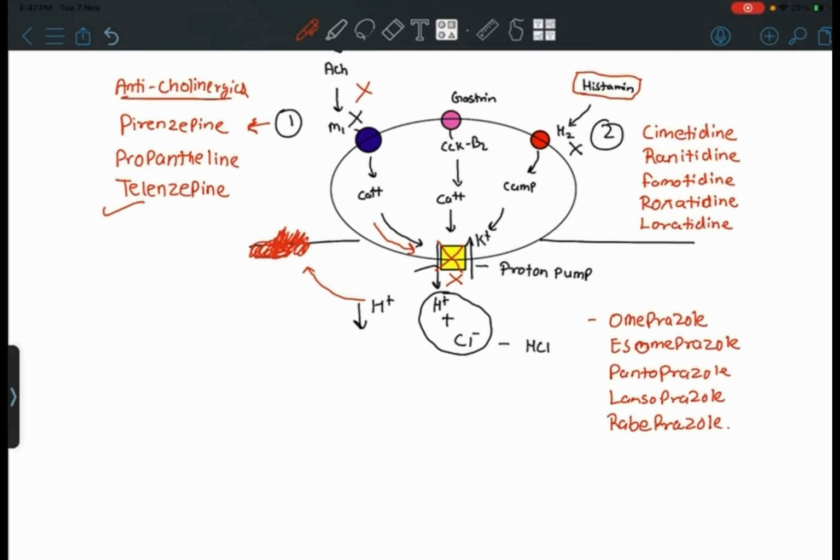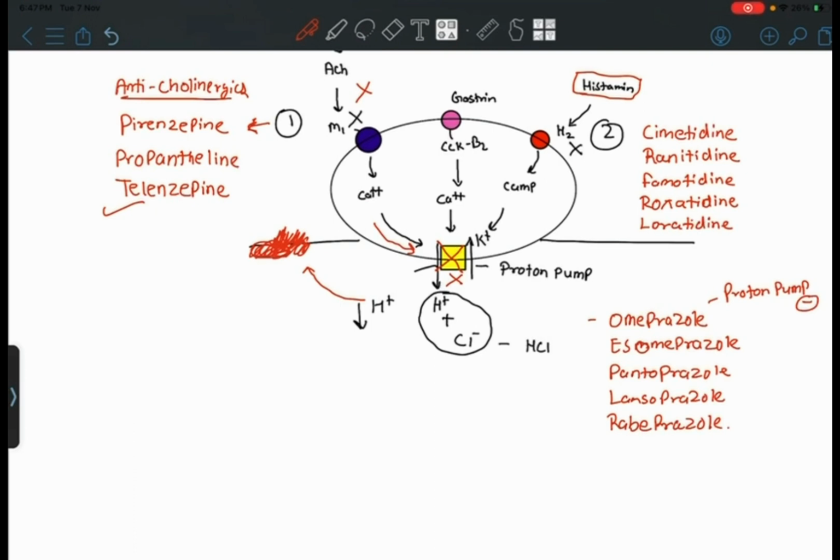You would have seen that whenever the doctor is prescribing paracetamol or any of the NSAIDs, he will give a PPI, these drugs are called proton pump inhibitors.